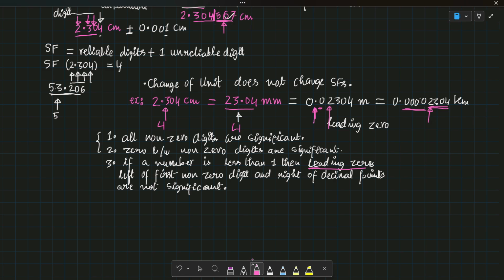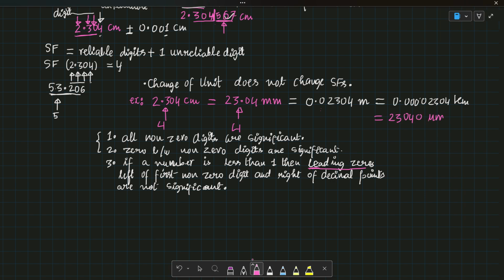Now the next condition. Let's say somebody changes its unit again, and we have converted it to micrometer, so 2.304 and 0 micrometer.